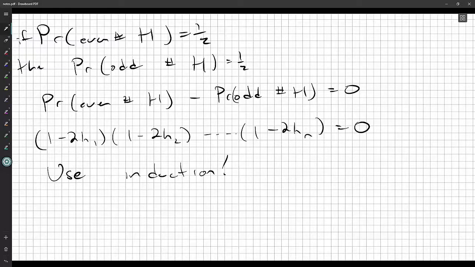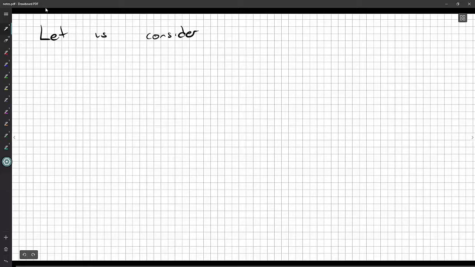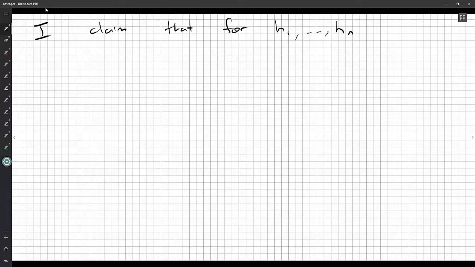I just want to deal with one of the... Okay, so let us consider... So I claim that for h1 through to hn, because we're just going to deal with this generally, if you really care, just change n to 14.